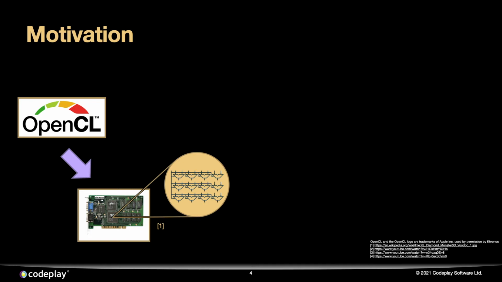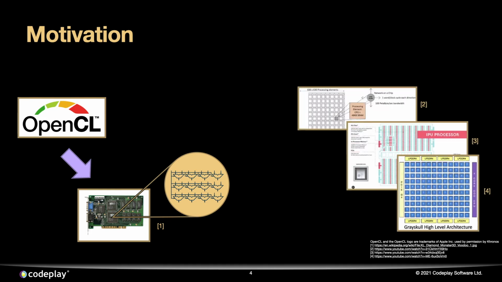Now, something that's been happening over the past few years is that some different types of hardware accelerators have been showing up in the industry. I've included a few pictures of those here. The first is a diagram of the wafer scale engine from Cerebras. The second diagram is the IPU from GraphCore, and the third diagram is the Grayskull chip from TensTorrent.